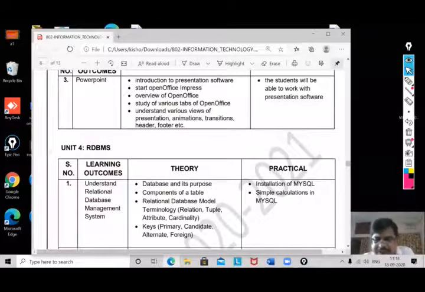I hope you have created a database in MS Access, but in this syllabus you have to work on MySQL. SQL, you know, is structured query language, where you have the concept of database.